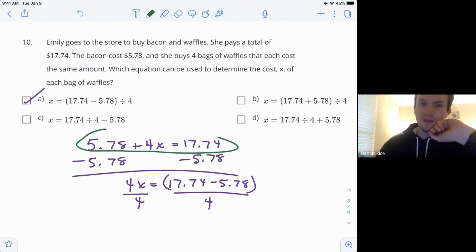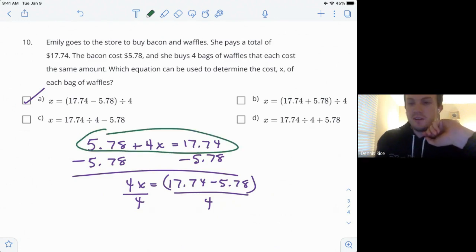It's written in this solved fashion, like everything's solved for, without giving you the answer also. It would have made sense if it just said x equals however much money it ends up being. But I guess it's testing your ability that you knew how to solve it. So if you were solving this, you would subtract 578 and you would divide by 4. That's it.